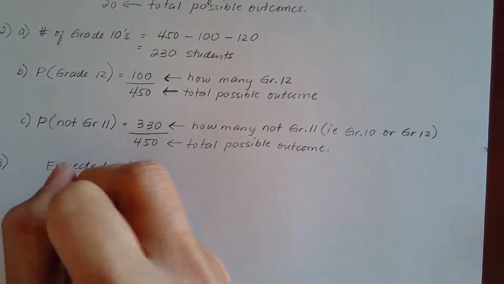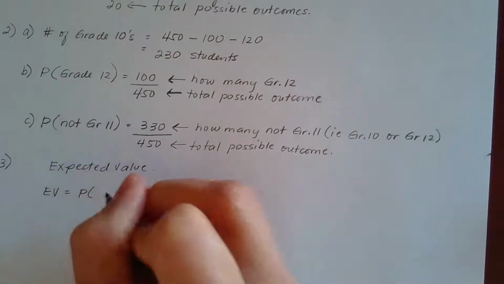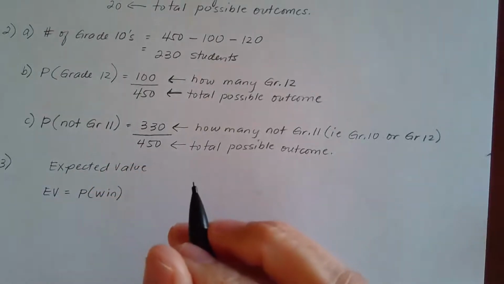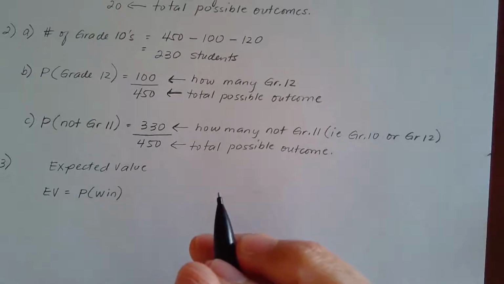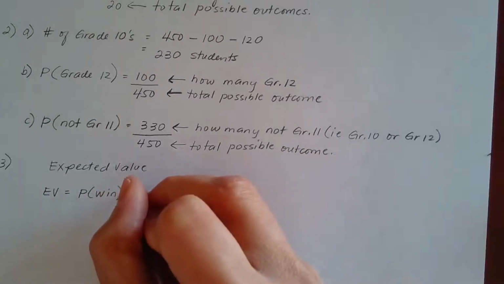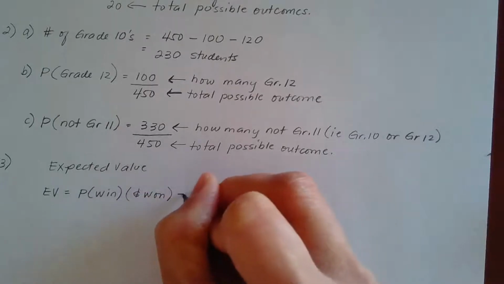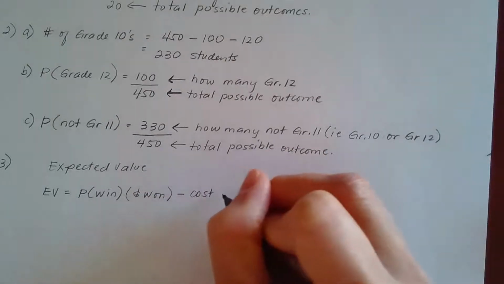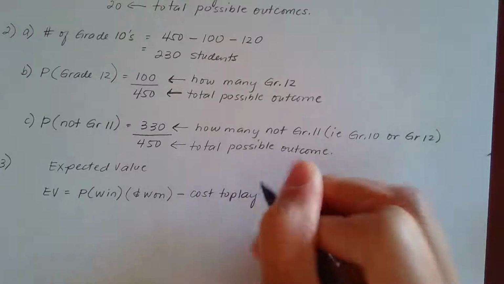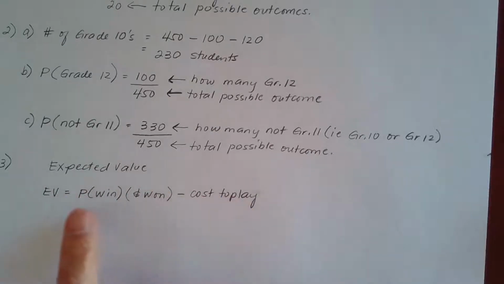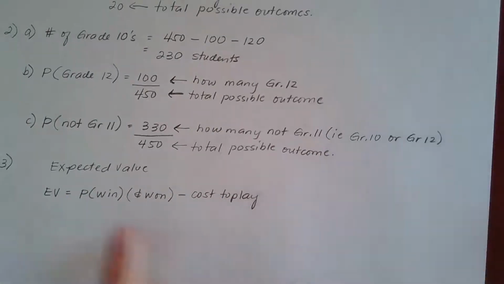Expected value, I'll just put EV, is equal to probability of win, or whatever that outcome is, times how much was won, minus cost to play. For the most part, our expected value questions were this type of question on our notes.